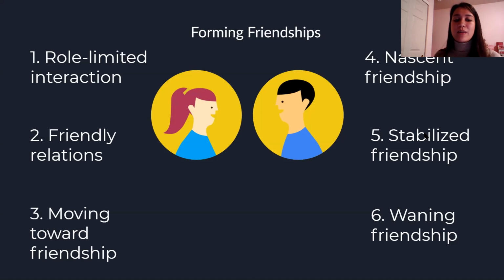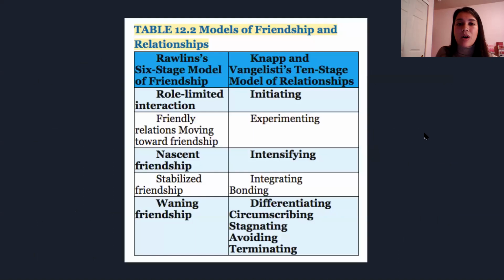So, like friendships, romantic relationships develop in stages, and there is a 10-stage model of relationship formation created by Mark Knapp and Anita Evangelisti, and I wanted to show the similarities between the model of friendship and model of relationships, and this is straight out of the textbook.